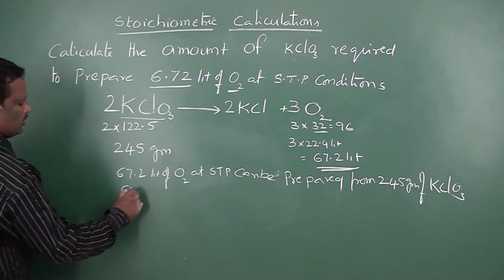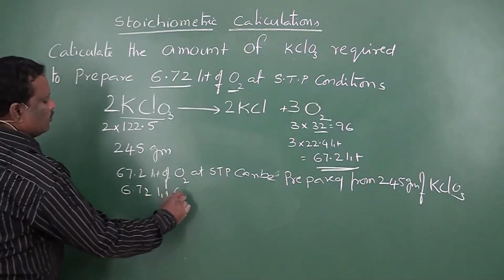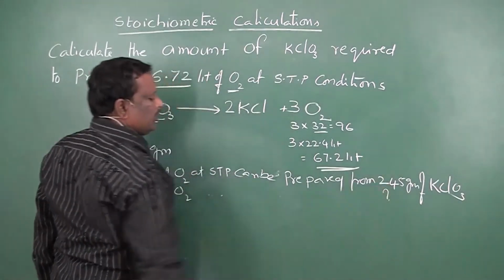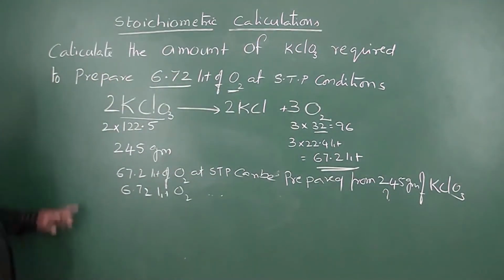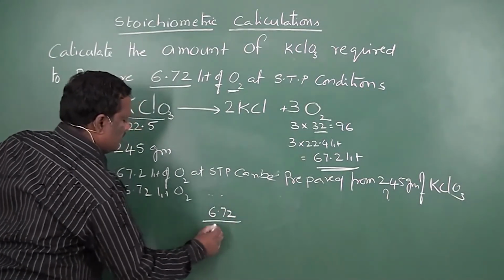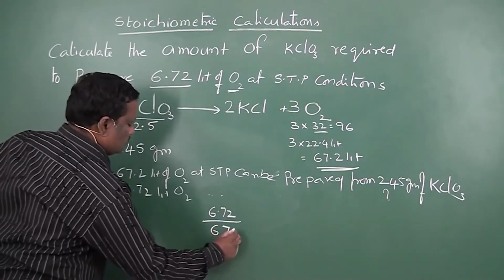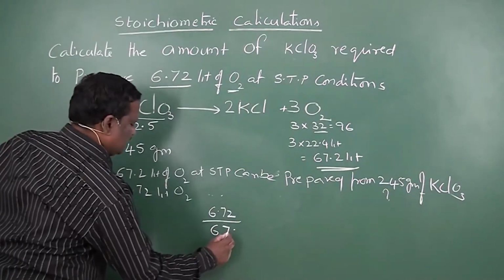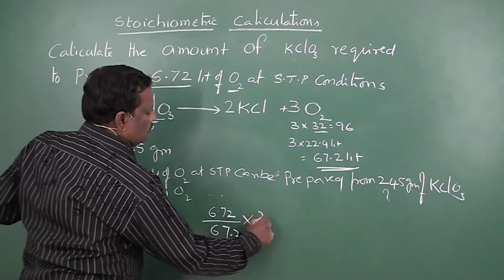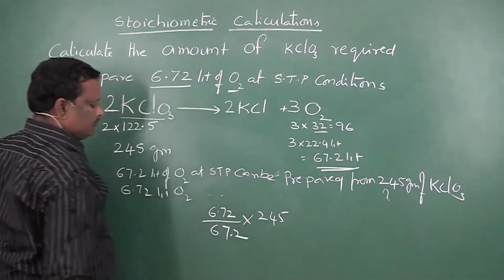Then 6.72 liters of O2 at STP conditions can be prepared from how many grams? So 6.72 by 67.2 into 245.